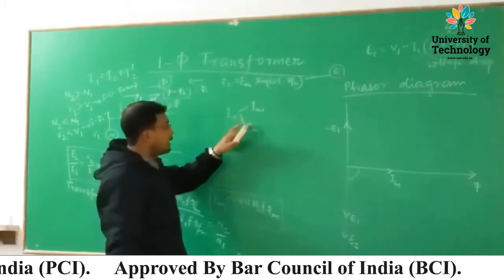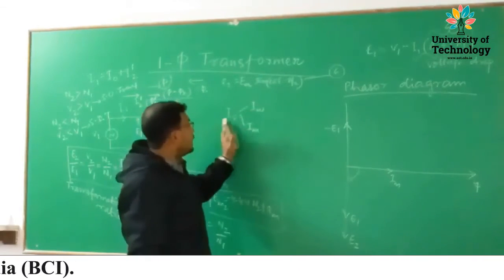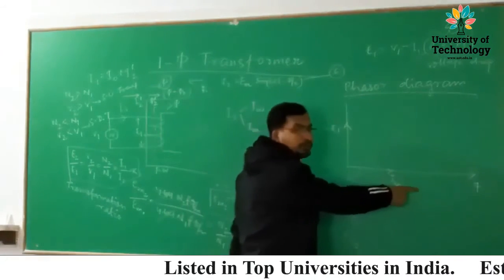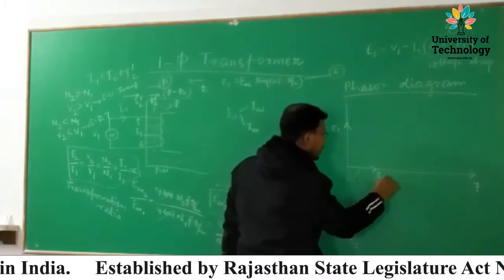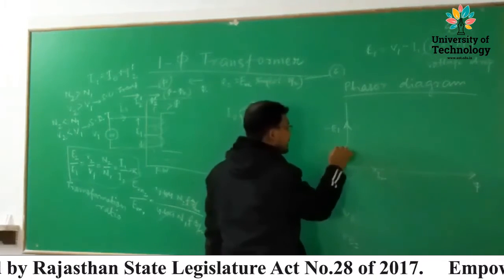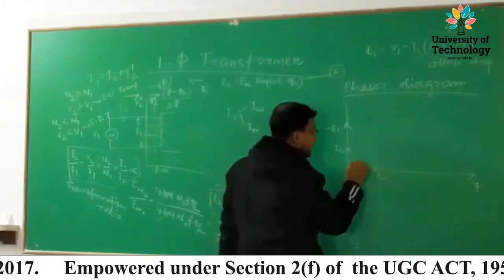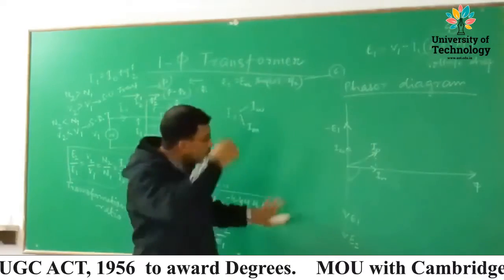So IW and IM both are the rectangular components of I0. Now if we represent IM on the positive x-axis, then IW will be on the y-axis. The resultant of these two phasors is nothing but the vector I0.